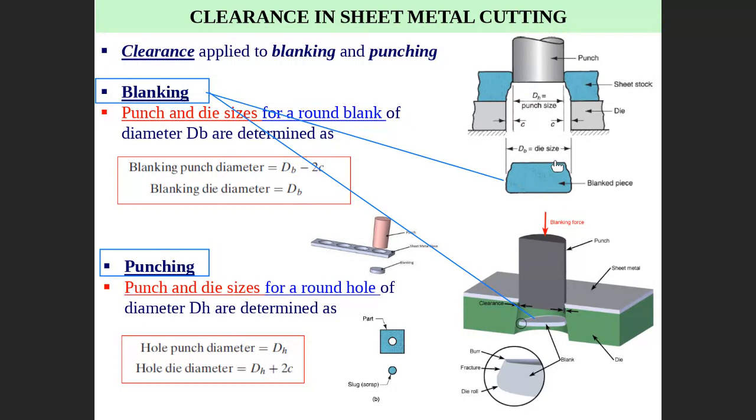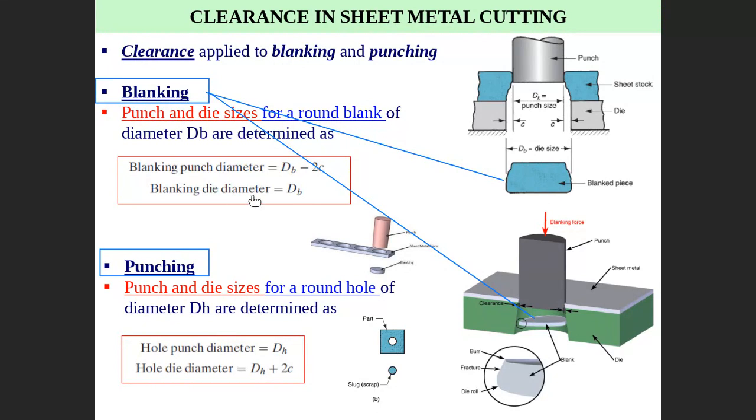Listen to me carefully. In blanking, the diameter of the blank is the diameter of the die, because the blank exits from the die. So finally, the diameter of the needed blank is the diameter of the die.